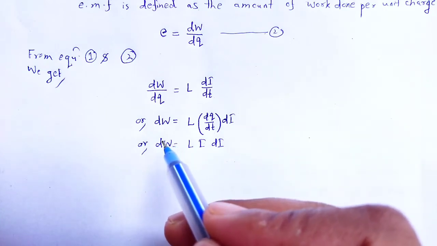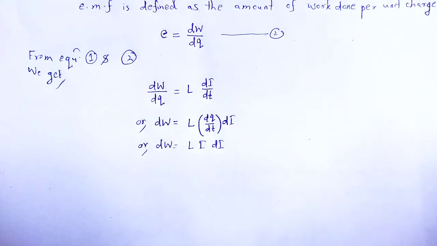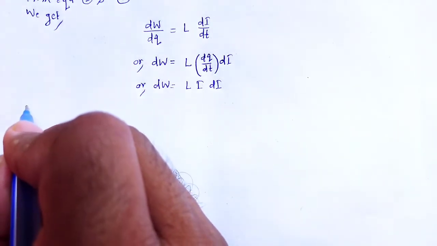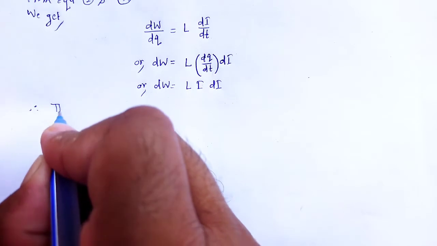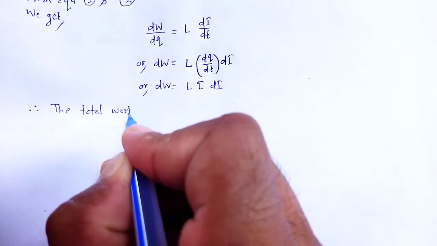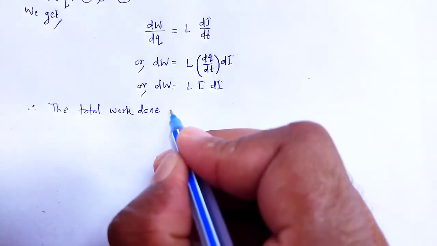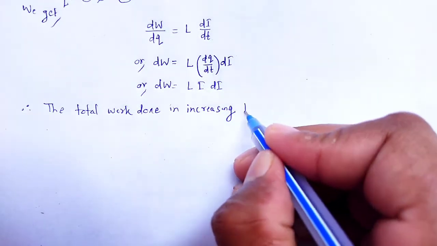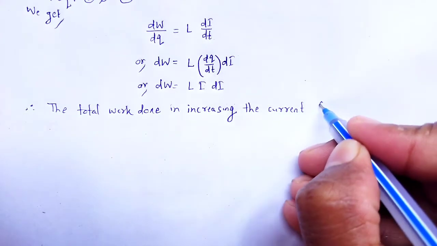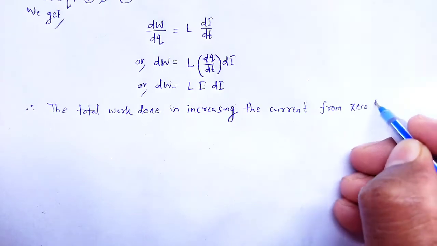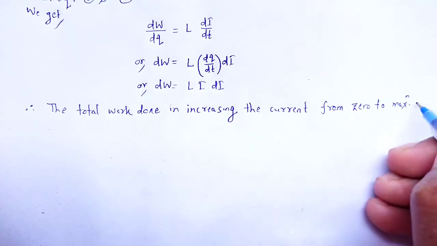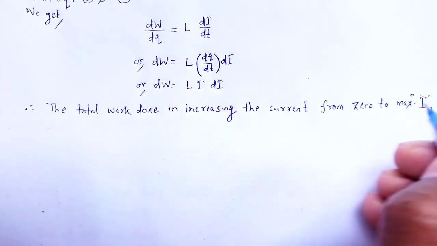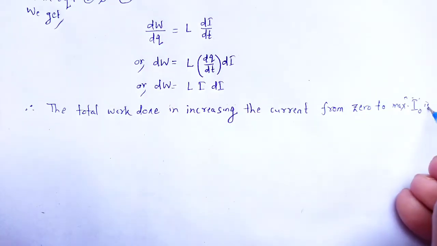Now the total work done in increasing the current from 0 to maximum value, let the maximum value of current be I naught, is obtained by integrating that.